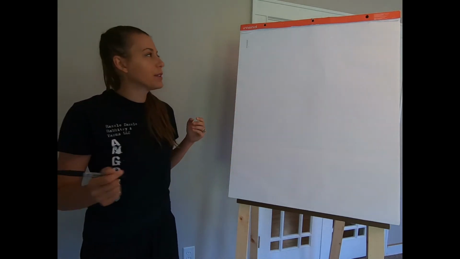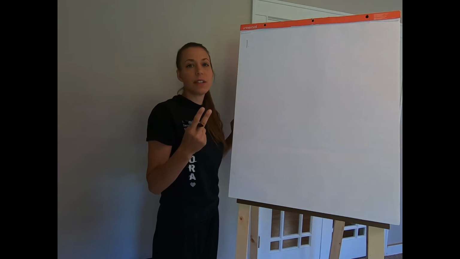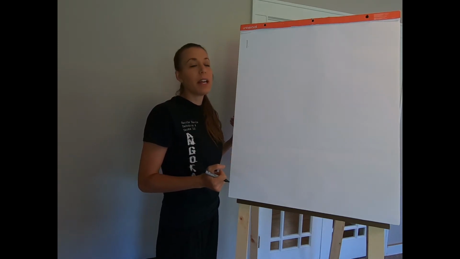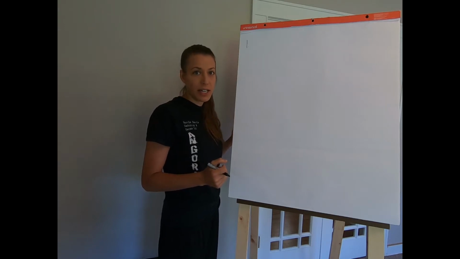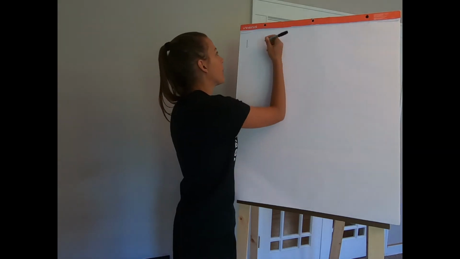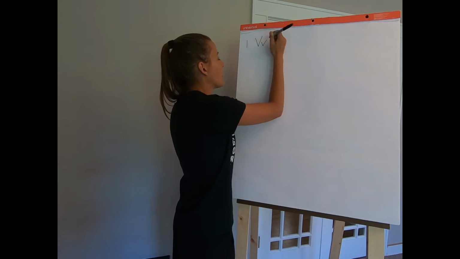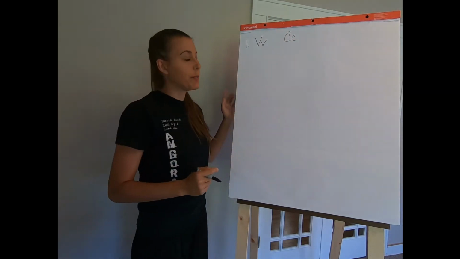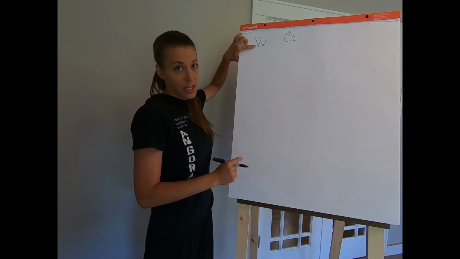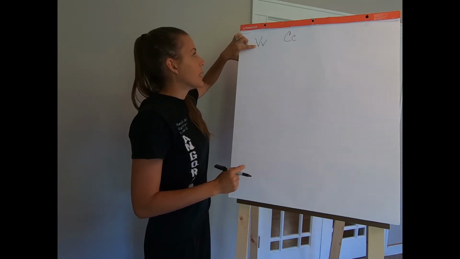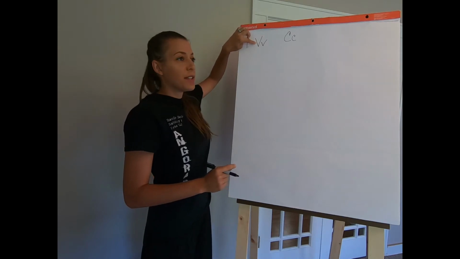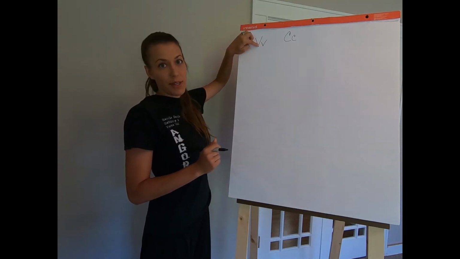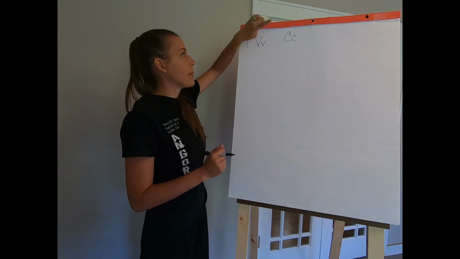There are really only 2 genes we want to concentrate on when breeding for a blue-eyed white rabbit. This is how they're written. This is the Vienna gene, and if there are 2 of the little v's, it's going to be a blue-eyed white.